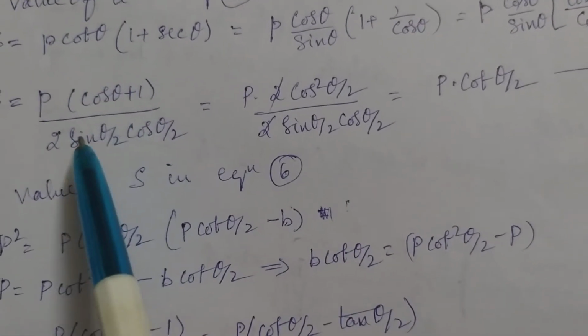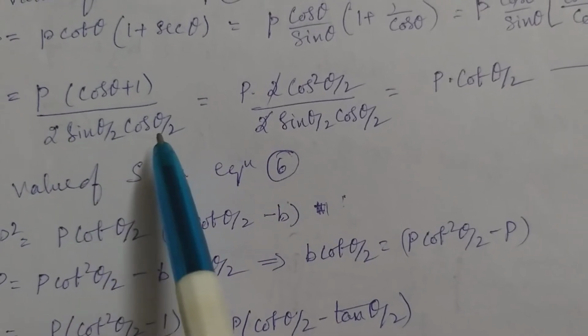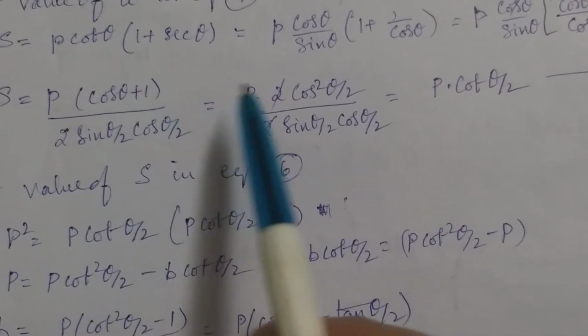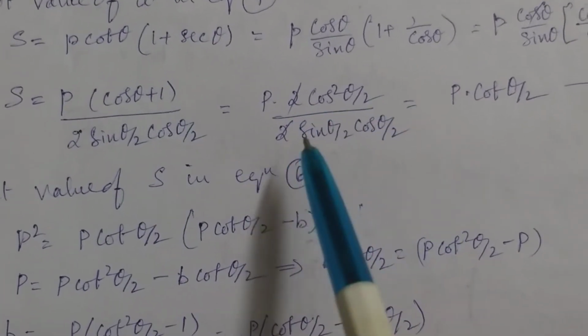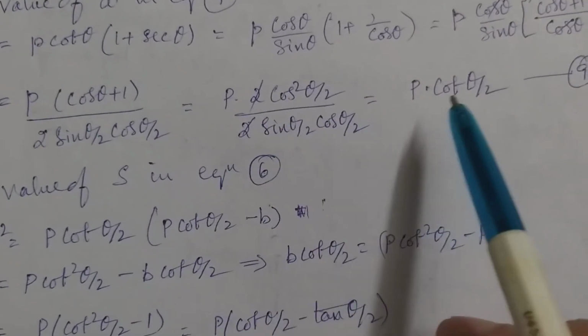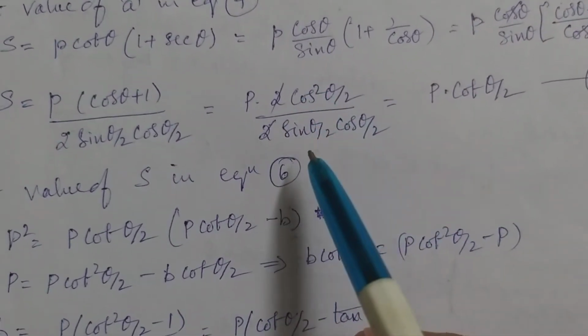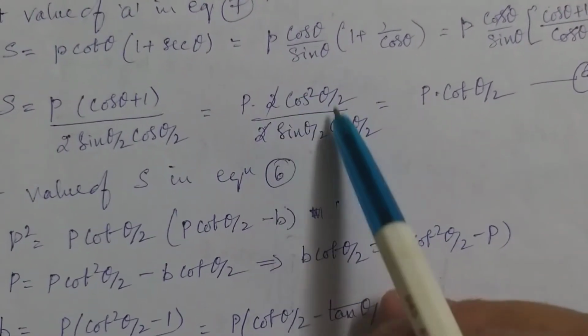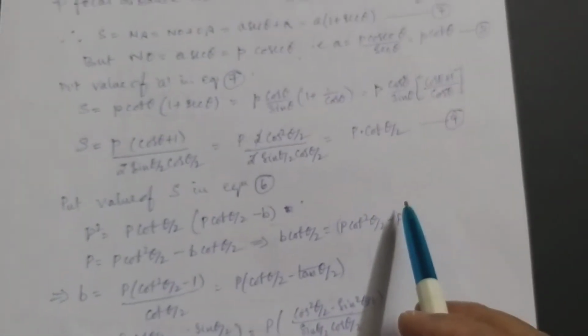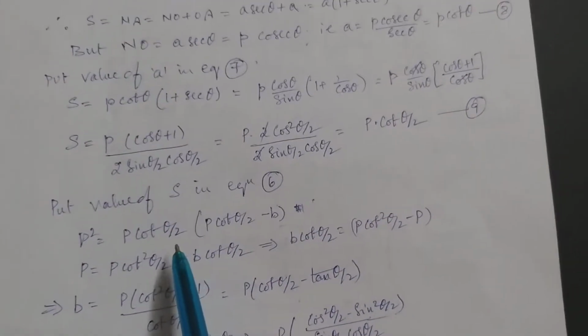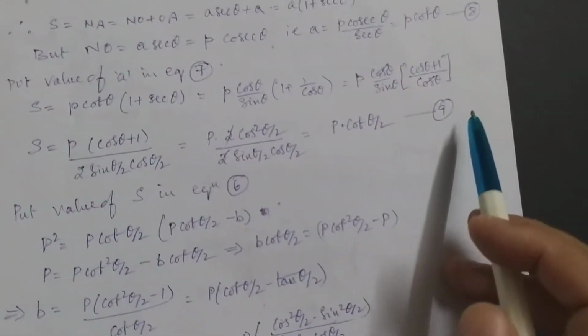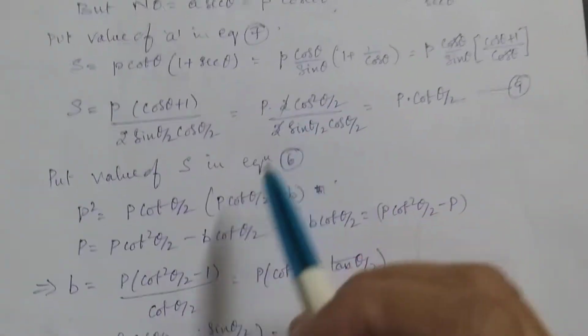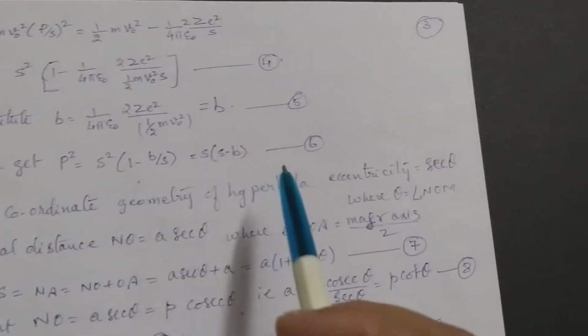You put sine theta is equal to 2 sine theta by 2 cos theta by 2, and cos theta plus 1 is 2 cos square theta by 2. So 2 cancels, and here we get cos by sine is cot. One cos will go anyway from here. So S is equal to P cot theta by 2. This is equation 9.